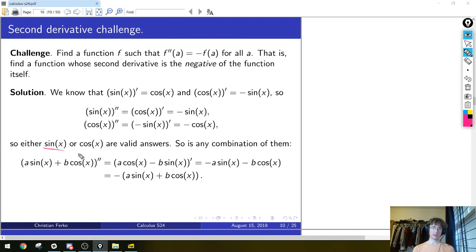So either sine x or cosine x works, but by linearity, we could also take any constant a times sine x plus any constant b times cosine of x, and just by applying the same argument with linearity, we're going to get back negative the original function, minus a sine x plus b cosine x quantity. So any linear combination of them works.